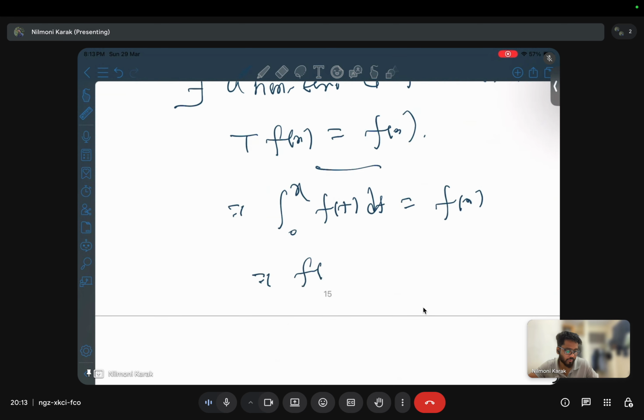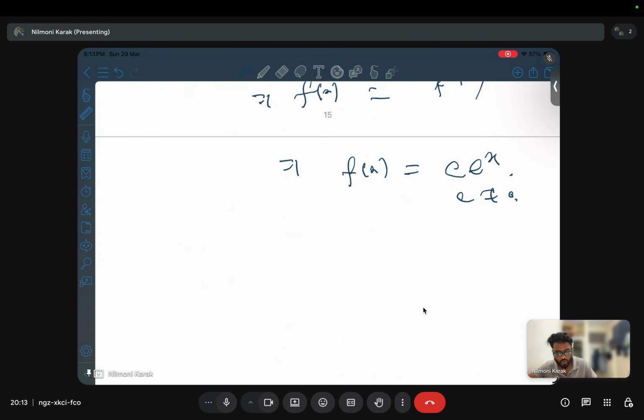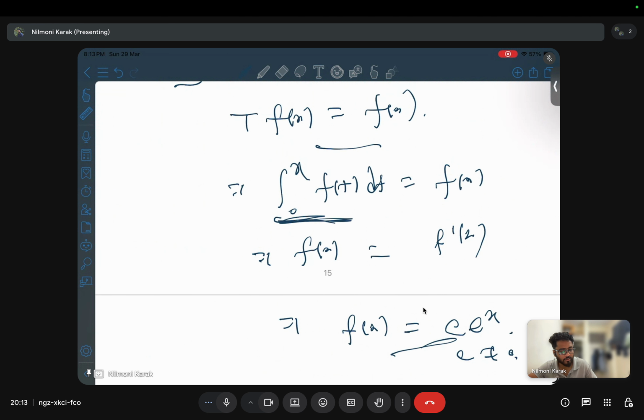Then we have f of x equals f dash x, and this implies f of x equals c times e to the power x, c not equal to 0. So this does not satisfy this, right?